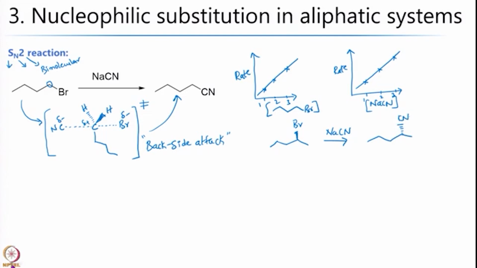I hope you take note of the fact that the stereochemistry on this carbon is now opposite compared to the reactant, in the product, right. So, this is a consequence of the backside attack in the reaction mechanism. And so, this is a very important tool to obtain the desired stereochemistry in a given reaction.